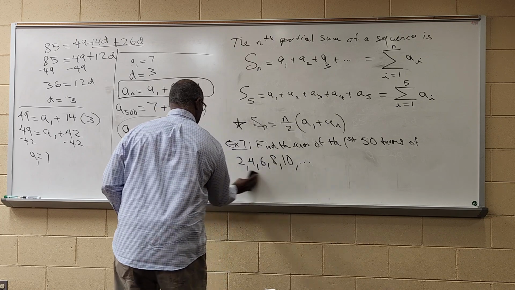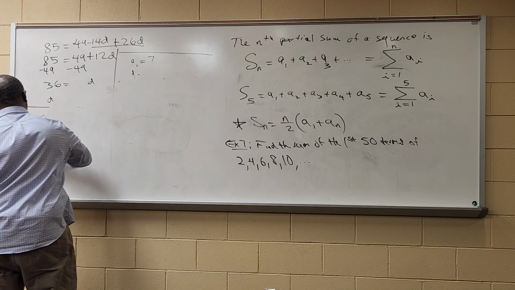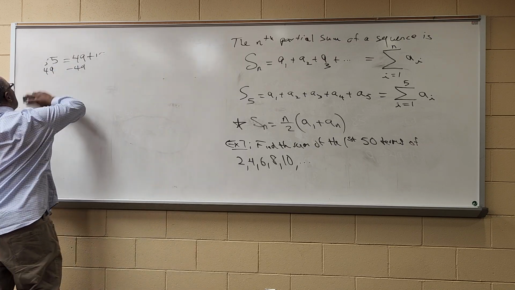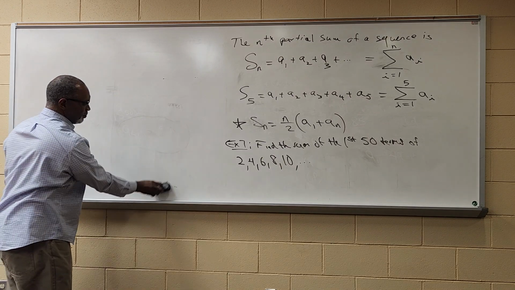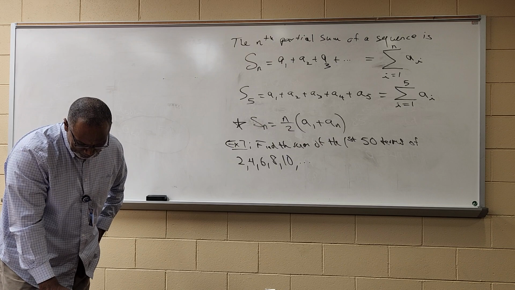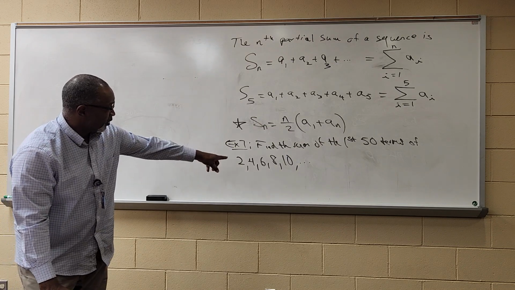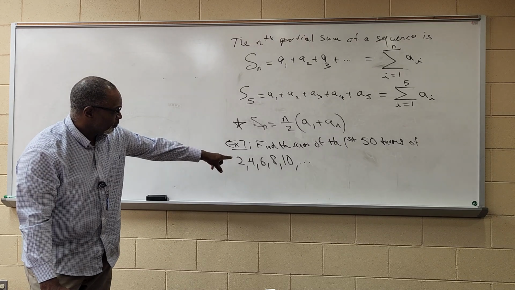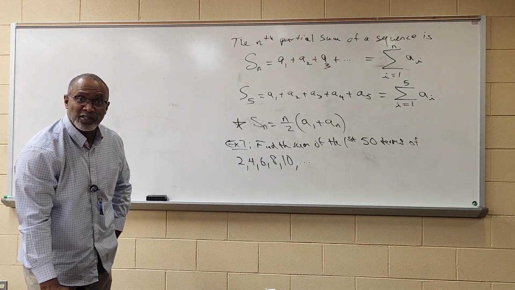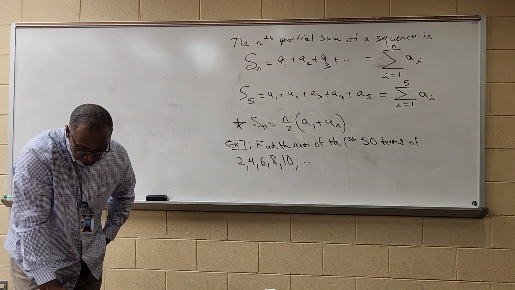I want to find the sum of the first 50 terms of that sequence. Well, I know it's arithmetic because each term differs by 2. To go from 2 to 4, I add 2. 4 to 6, I add 2. 6 to 8, I add 2. 8 to 10, I add 2.